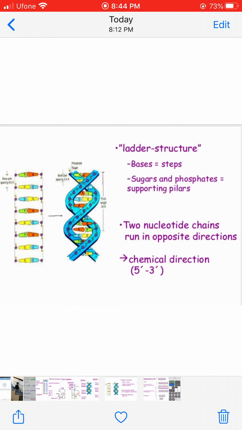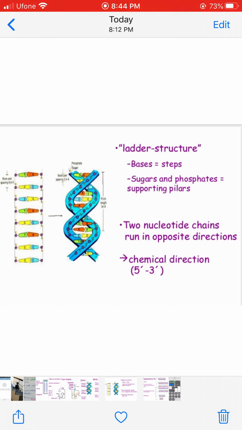If you consider the bases as the steps, and the sugars and phosphates as the supporting pillars, then you can see how the ladder is formed with the help of different bases. These bases are present inwards, and the sugar and phosphates are present outwards of the structure of the DNA, leading to the formation of a ladder.